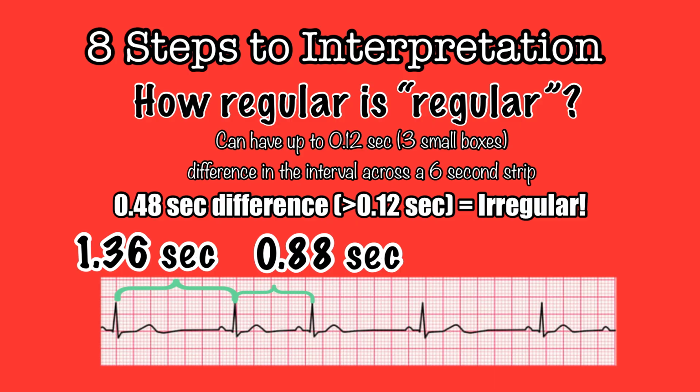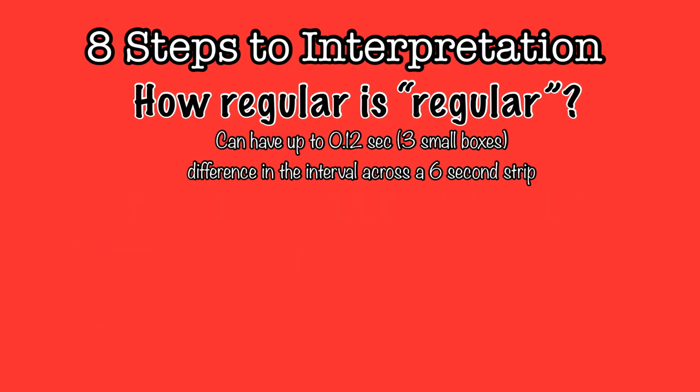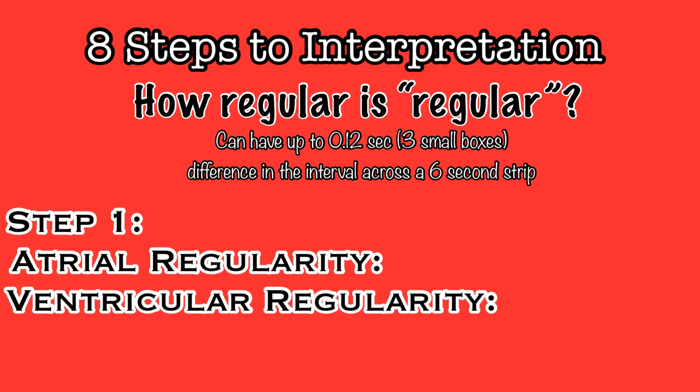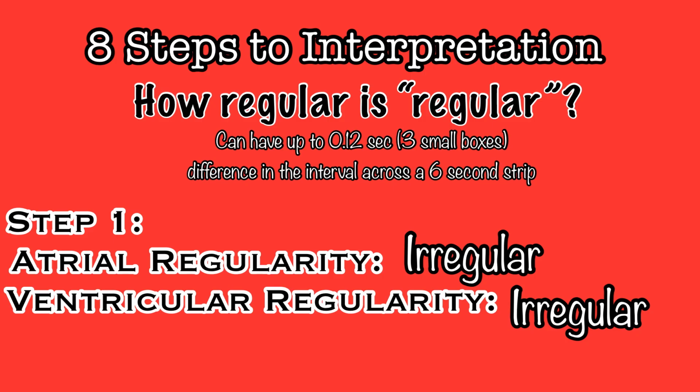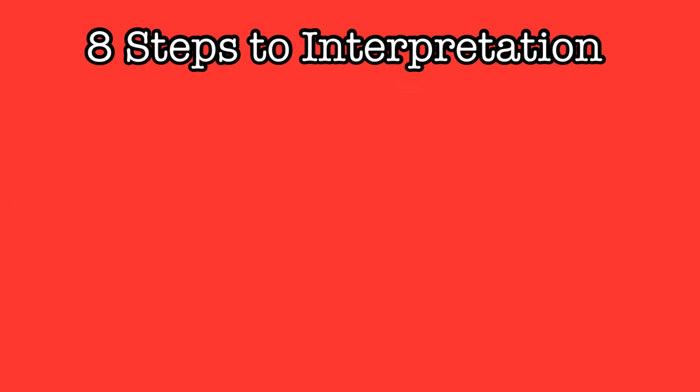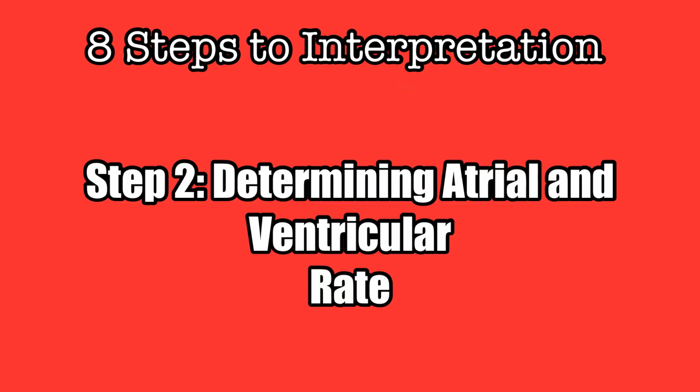And we call that irregular. So if every P to P or R to R interval on your strip is within 0.12 seconds difference or less, mark it as regular for the respective chambers. Anytime you find 2 P to P or R to R intervals on a strip that are greater than 0.12 seconds different, mark that as irregular for step 1. And then, move on to step 2, calculating atrial and ventricular rate.